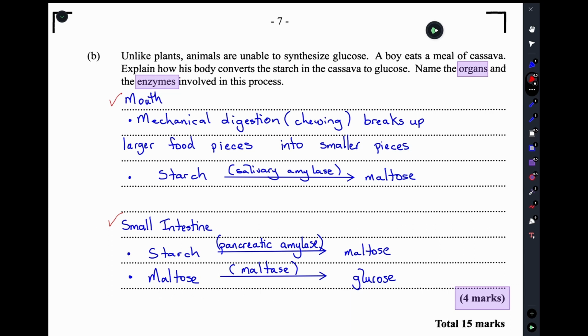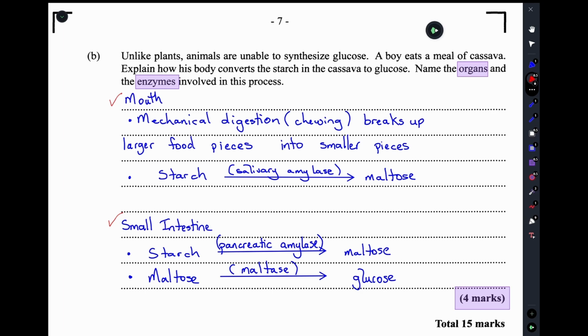Now the digestion of starch will begin in the mouth, but depending on your level of enthusiasm, it may not be completed or may not be significantly completed in the mouth.